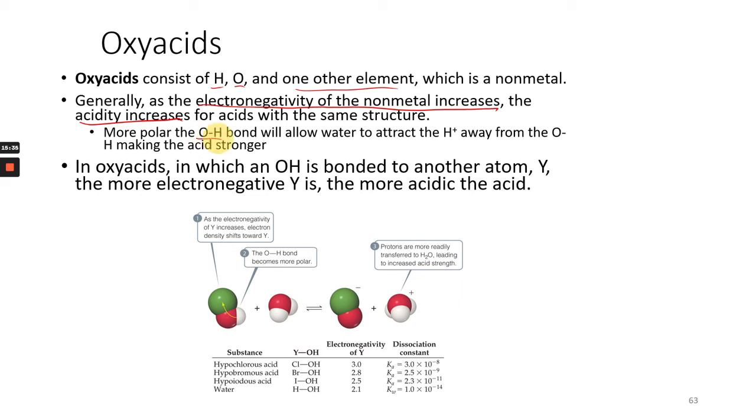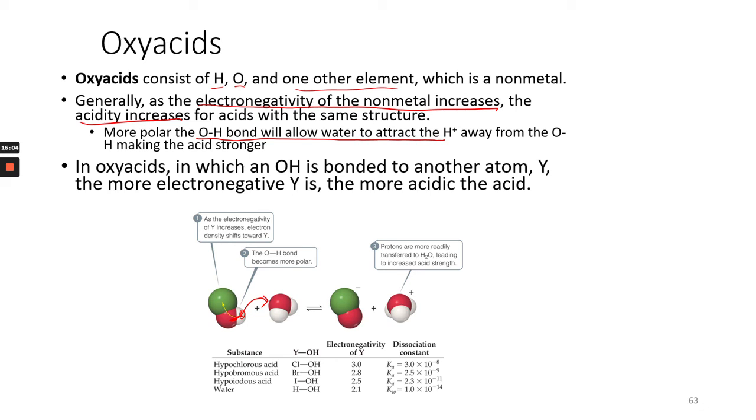The more polar the OH bond, the more it will allow water to attract the H plus away from the OH, making it a stronger acid. So here, this is electronegative, pulling the electrons there, making this bond very polar, then making this hydrogen easier to be lost and donated. If you're donating, you're an acid, okay?